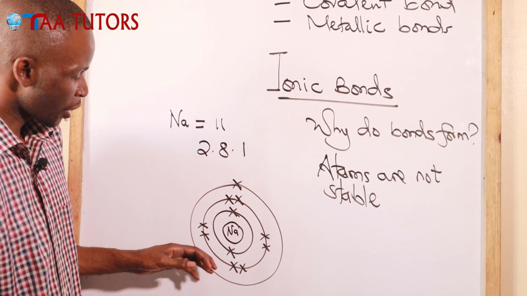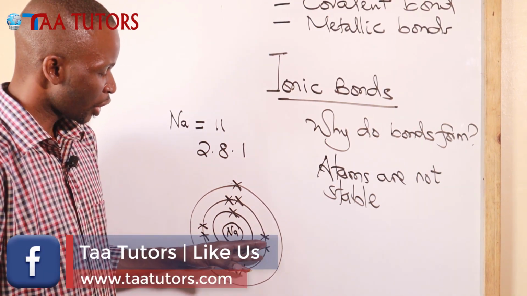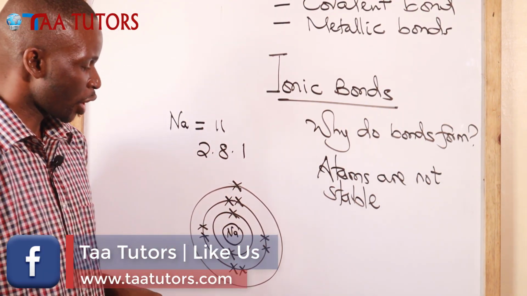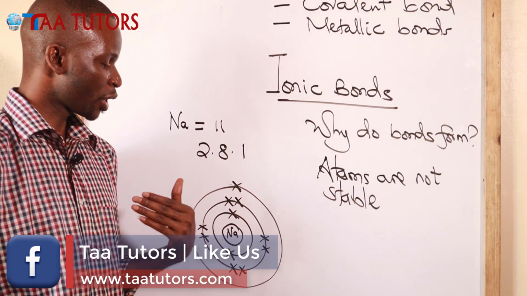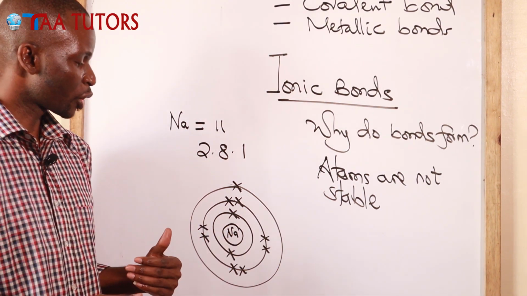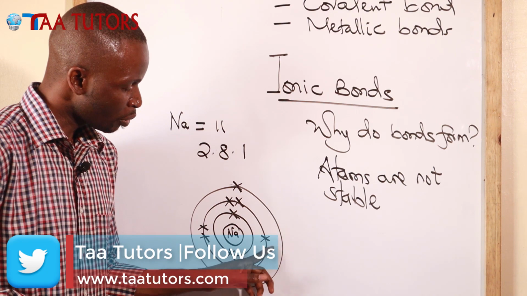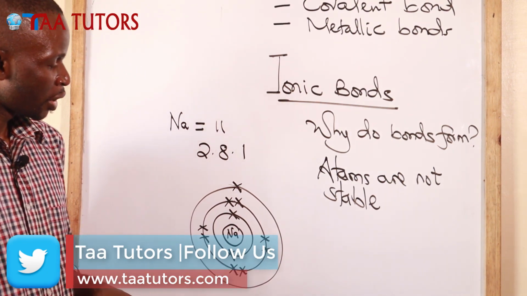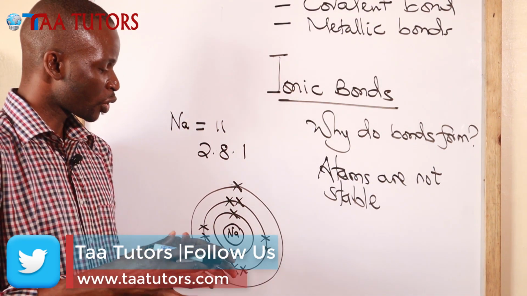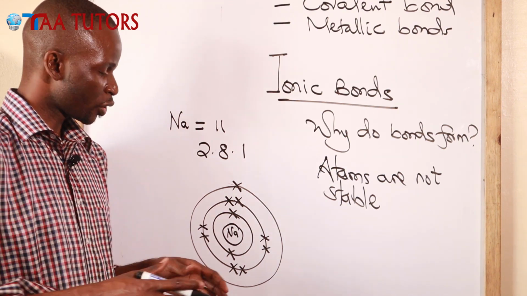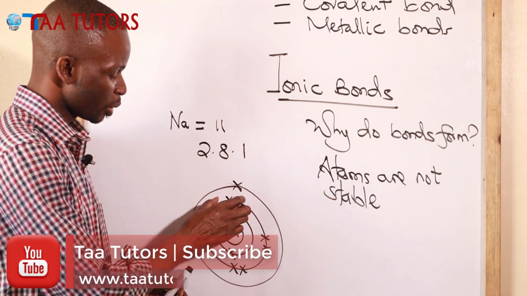You realize that I am grouping these electrons in 2s. That means, as we have studied before in the electronic configuration of atomic structures, an orbital has 2 electrons each. That is why we can say this is one orbital, this is another orbital, and this is another orbital.